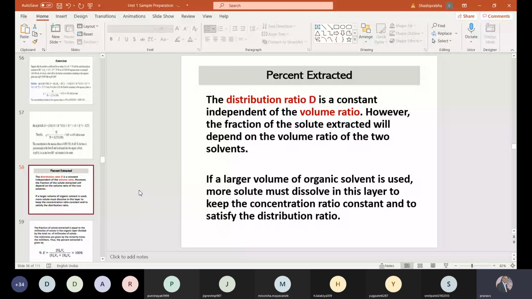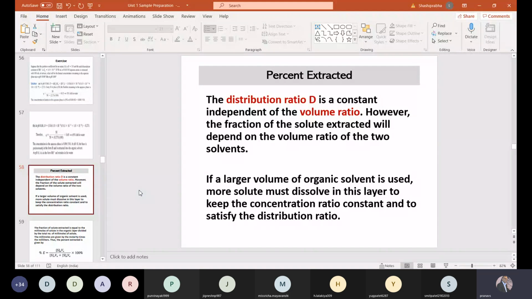The fraction of solute that is extracted would change, whereas the distribution ratio, which is independent of the volume ratio, would remain essentially constant. If a larger volume of organic solvent is used, more solute must dissolve in this layer to keep the concentration ratio constant and to satisfy the distribution ratio.